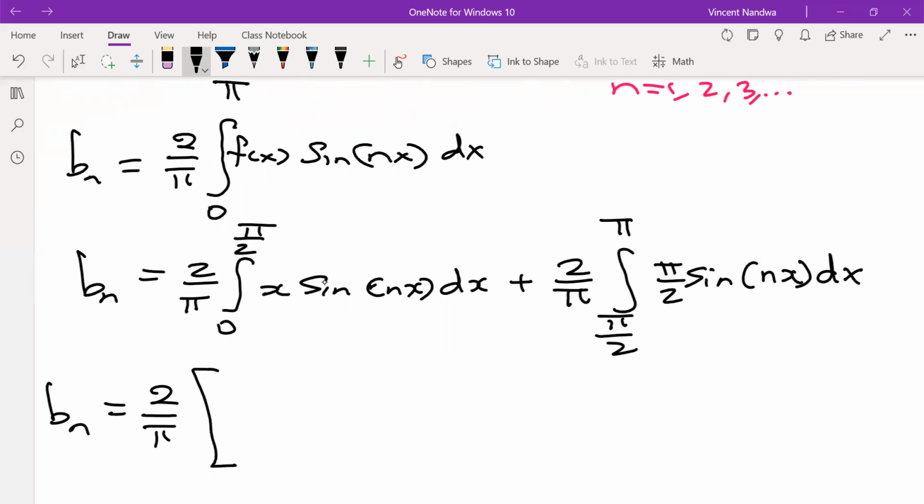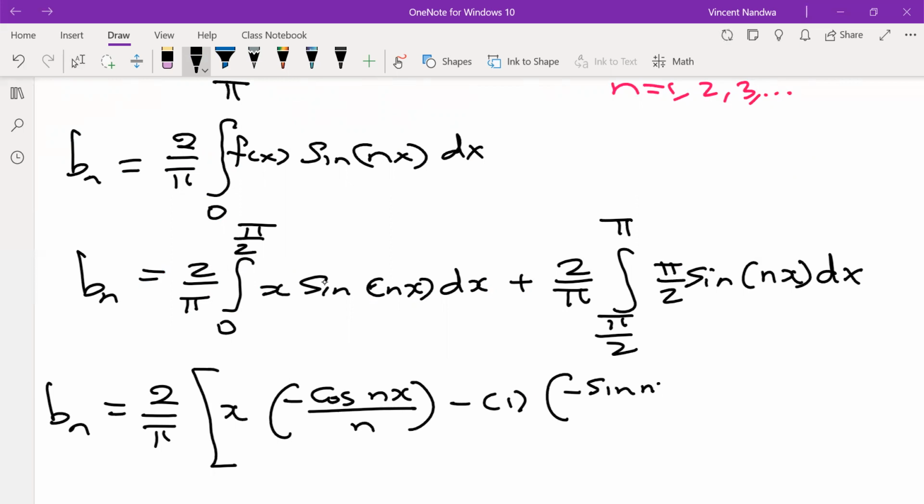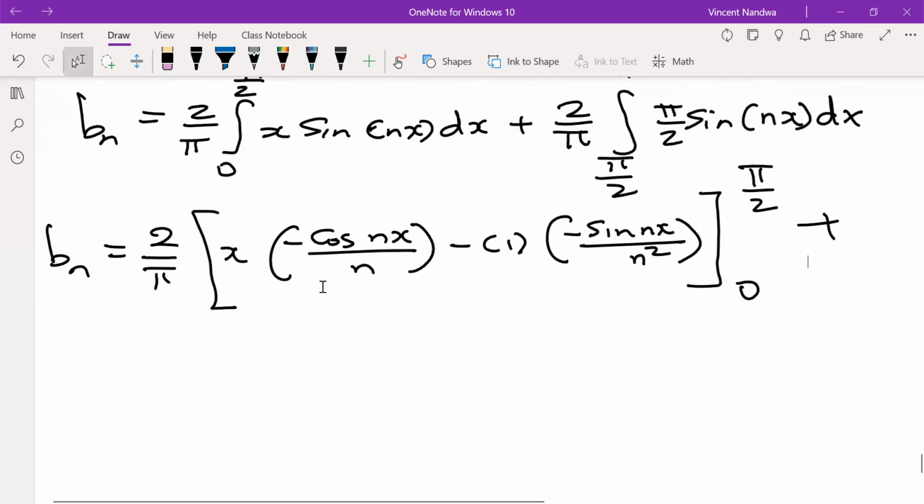When you use integration by parts, you get x times minus cosine of nx divided by n, then minus 1 times minus sine of nx divided by n squared, and then you apply limits from 0 to pi over 2, plus 2 over pi.